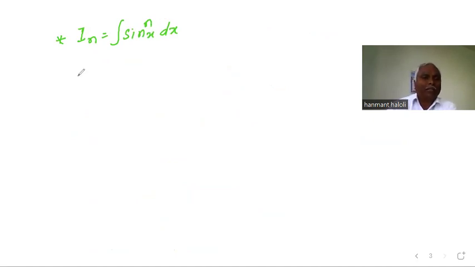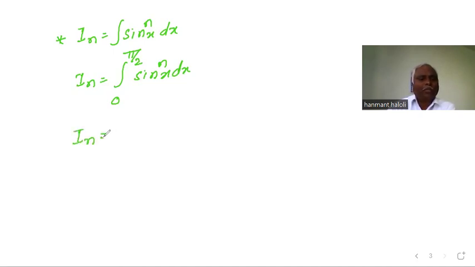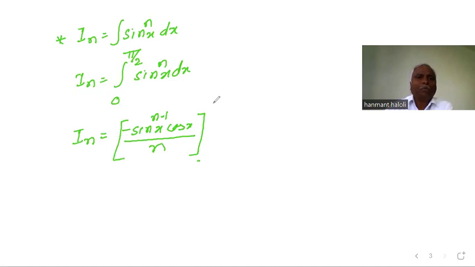For this, if you take the integral In, the limits of the integral are 0 to pi by 2, so 0 to pi by 2 of sin raised to n x dx. In such cases, our previous reduction formula can be taken as it is. In equals, then you get here minus sin raised to n minus 1 x into cos x divided by n. For this you put limits 0 to pi by 2.